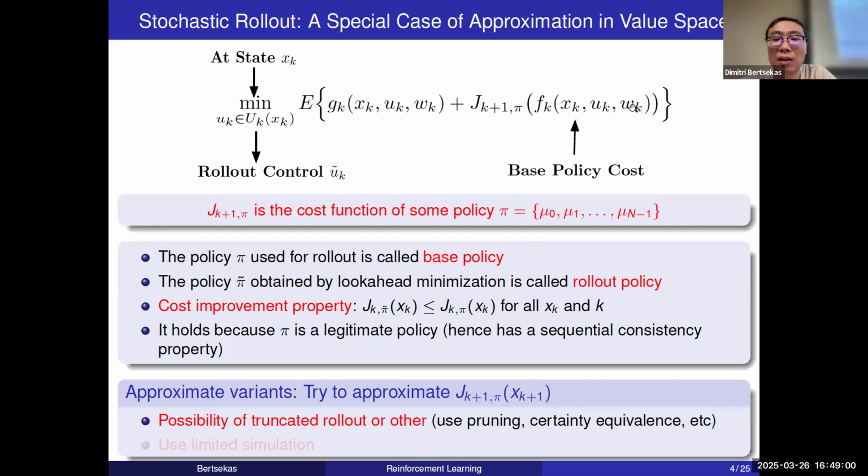Basically, instead of running random trajectories, we just fix nominal values of w_{k+1}. So starting from w_k, we don't approximate w_k, but use nominal values starting from the next stage and so on. The other possibility is to use limited simulation.